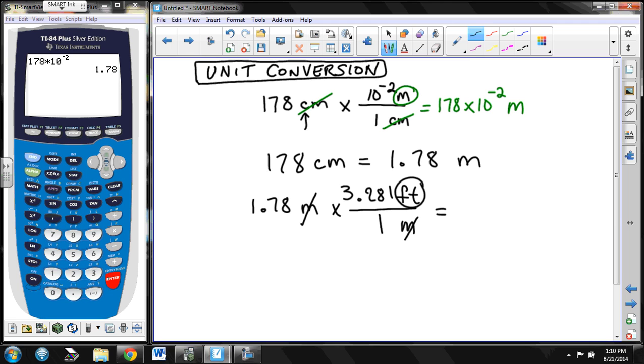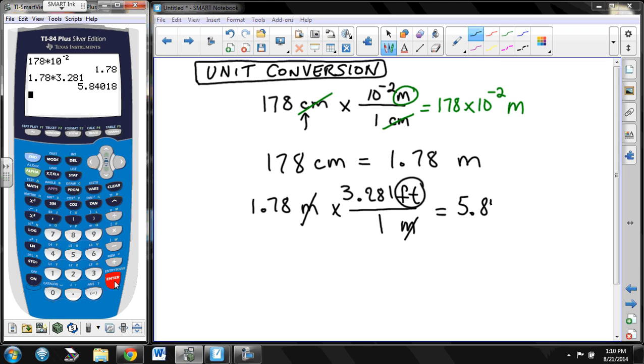So let's go to the calculator and take 1.78 times 3.281. And it tells us this basketball player is going to be 5.84018 feet tall.